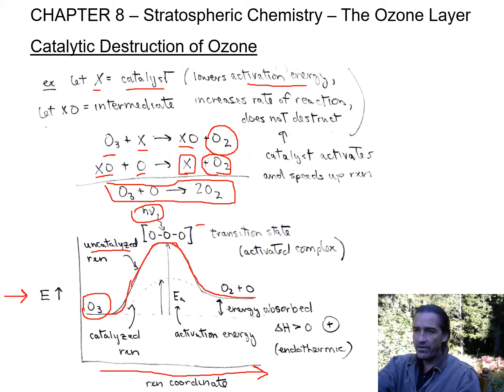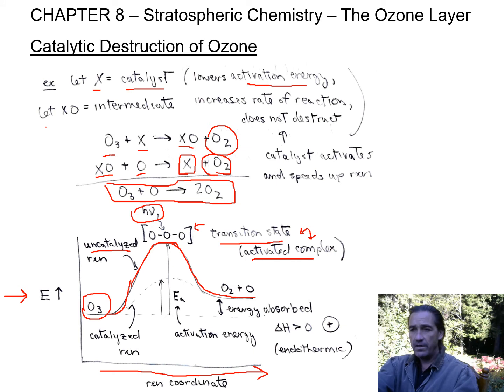And so up here at the very top of the activation energy, this is what we call the transition state. This is where the reaction occurs and where the reactants end up turning to products. It's also, in some cases, called the activated complex. These terms are synonymous.